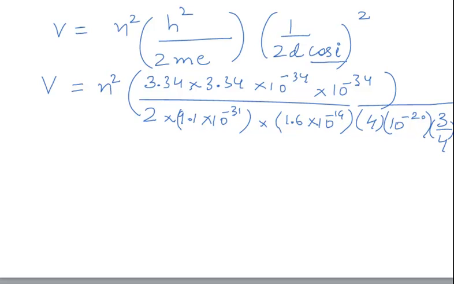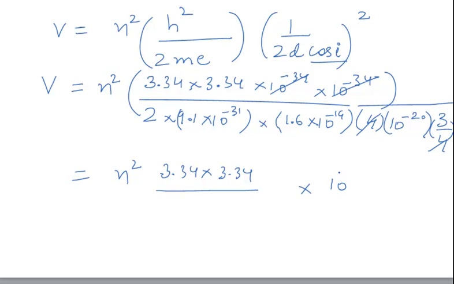Okay, this is cos square i is 3 by 4, so 4 will cancel out, and if we take the exponents of 10, so 10 to the power minus 68, n square, 3.34 into 3.34 into 10 to the power minus 68, and this minus 31 minus 19 becomes minus 50, and minus 50 minus 20 is minus 70, so when it comes to numerator it becomes plus 70, so these also cancel out.